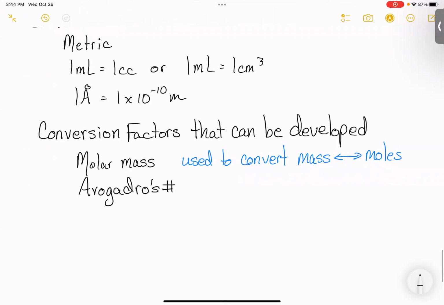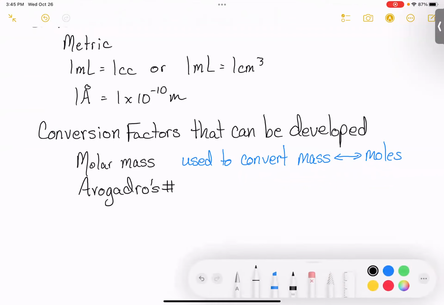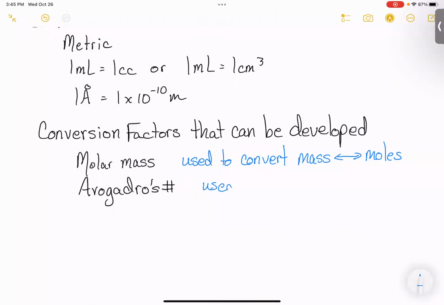You do not have to memorize Avogadro's number. It will be on a formula sheet. But you will use Avogadro's number to convert between moles and the word ions, molecules, or atoms.